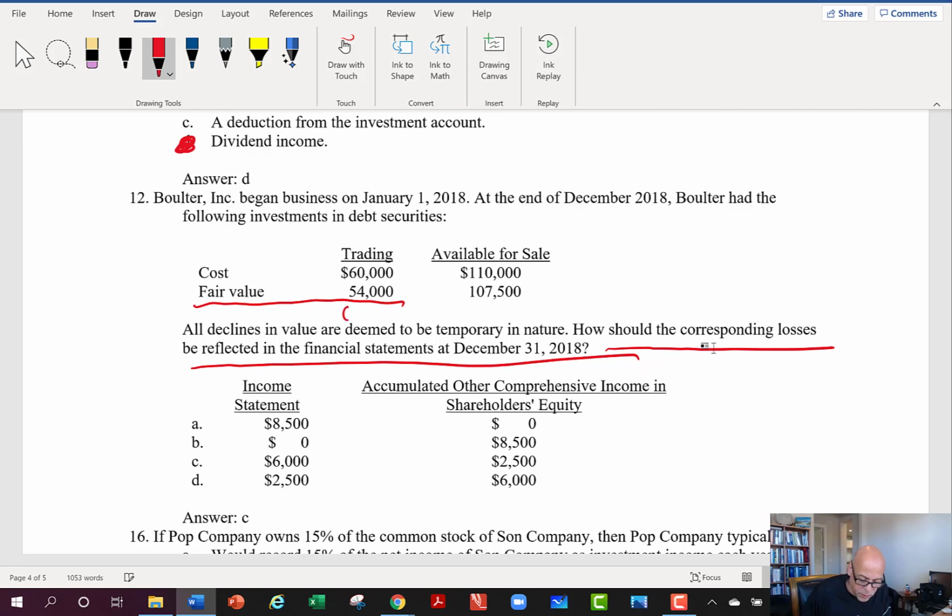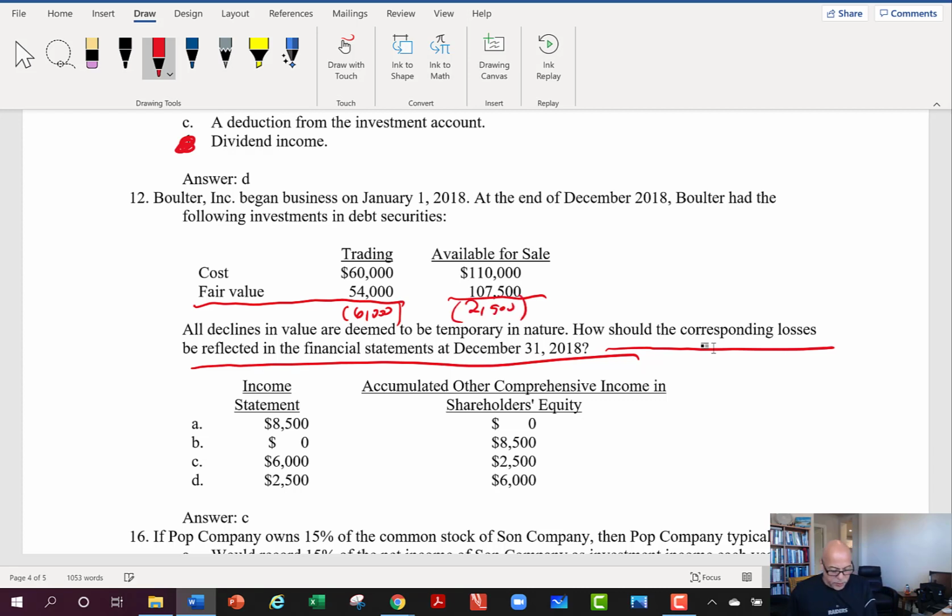So I got a loss there of 6,000. And for the available for sale, I had a cost of 110 and a fair value of 107. So yes, there's a loss on both of those, and that is $2,500 on that loss.